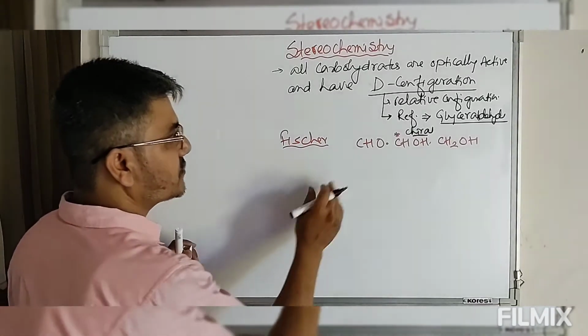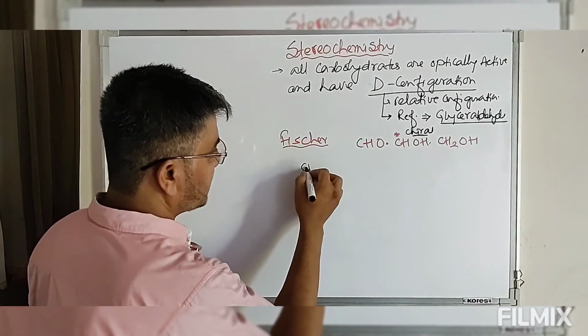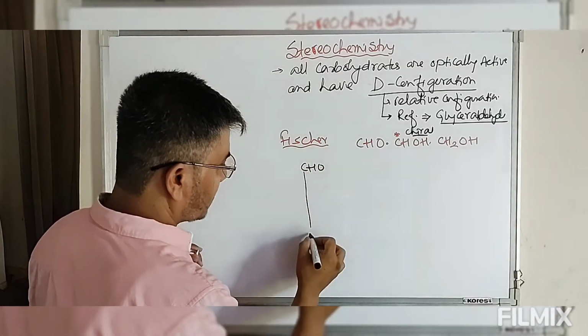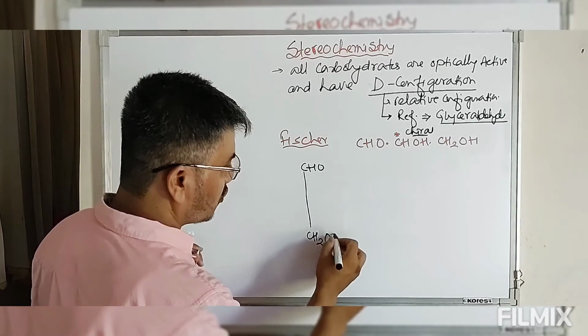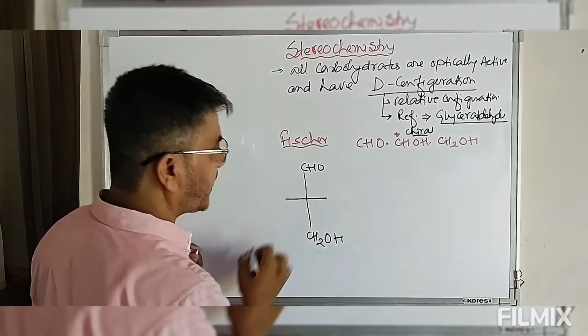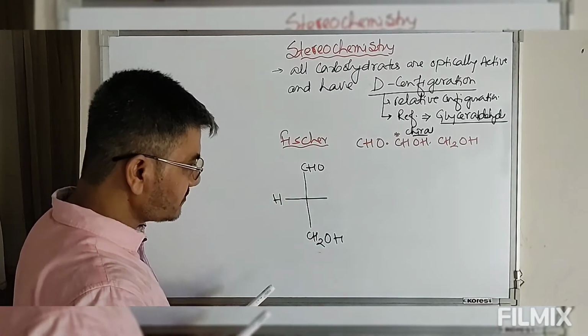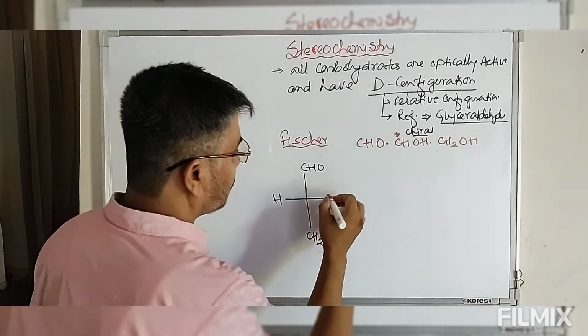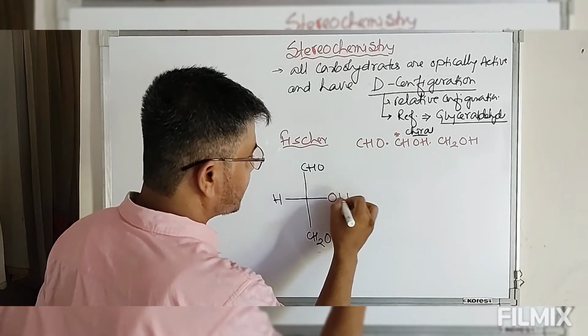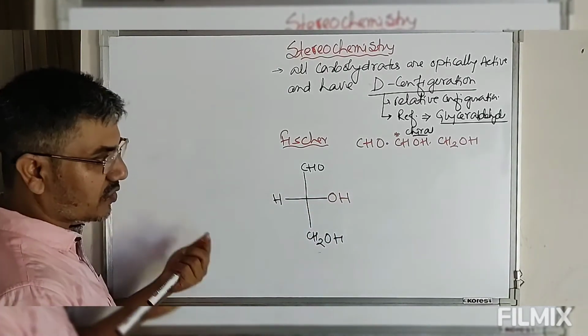enantiomeric forms. So look at this: CHO, then CH2OH, and this hydrogen. This is the chiral compound, and we have placed OH on the right hand side. This is one of the possible configurations.